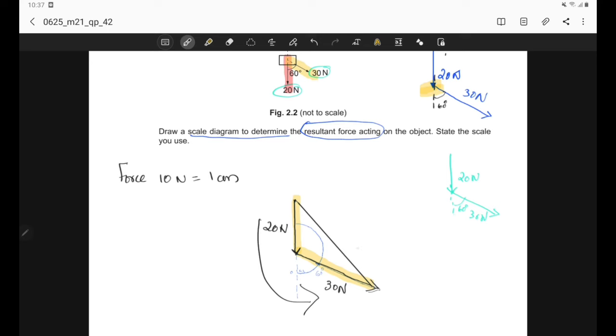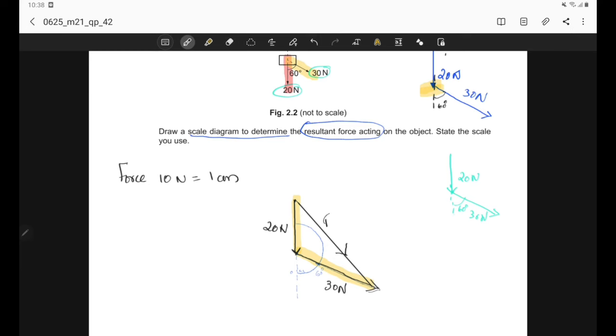So the resultant vector, that is the third side, should be directing in the opposite direction, in a clockwise direction. So we should put an arrow in this direction. You don't need to draw these direction arrows.